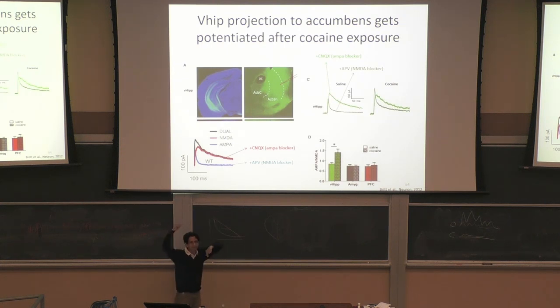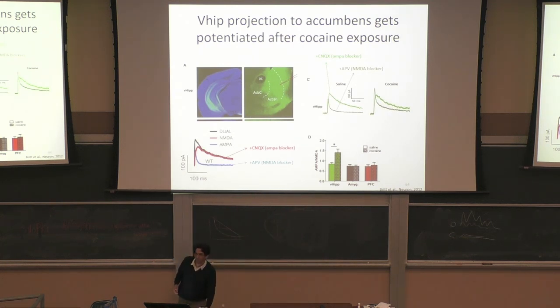Conversely, if you put in the NMDA blocker, you see the AMPA response, which is the blue. Then you measure the ratio of the two responses, which is the AMPA to NMDA ratio. Typically, after strengthening or potentiation, there is more insertion of AMPA receptors, so there is a bigger AMPA to NMDA ratio. Thank you. Yeah, welcome.